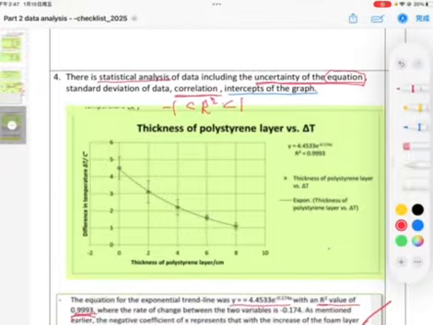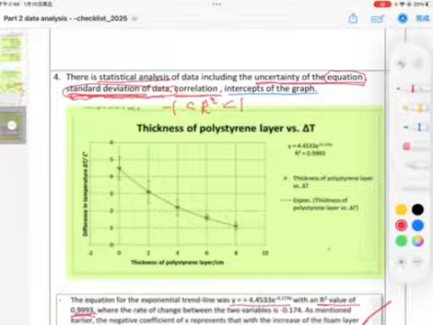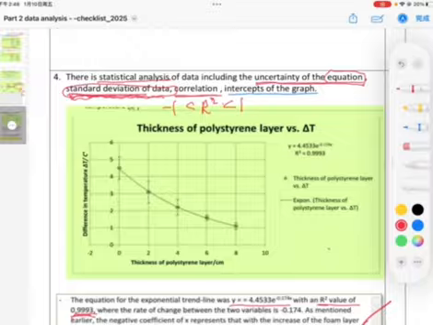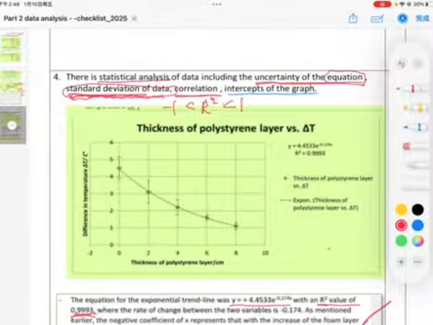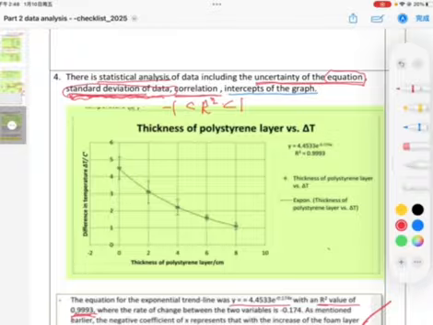Of course, sometimes you could also talk about the standard deviation of the data. This is something you don't have to do, but if you think this reference number is important, then you also can talk about standard deviation and so on. It really depends on what kind of experiment you are doing.